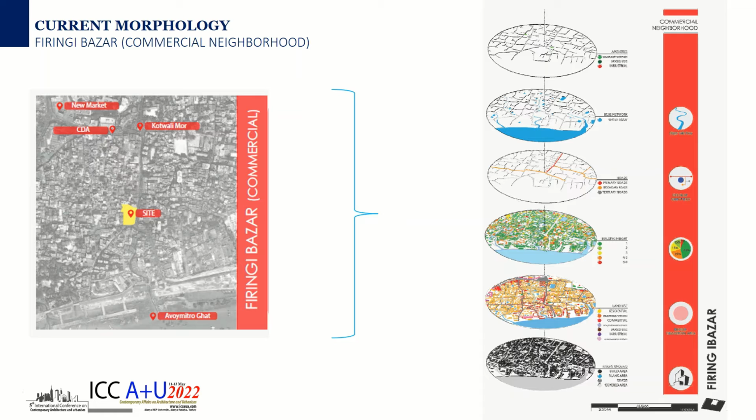Mostly we can see it is a dense area with significant commercial functions, mid-rise structures, and the site is close to the Karnafuli River. In this site there is no proper amenity building.